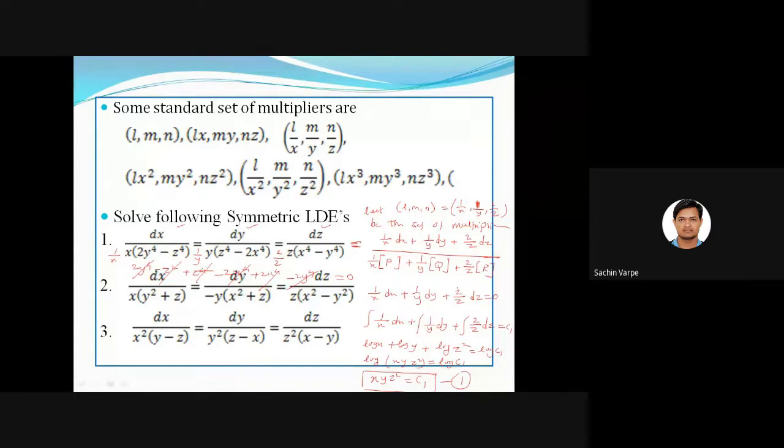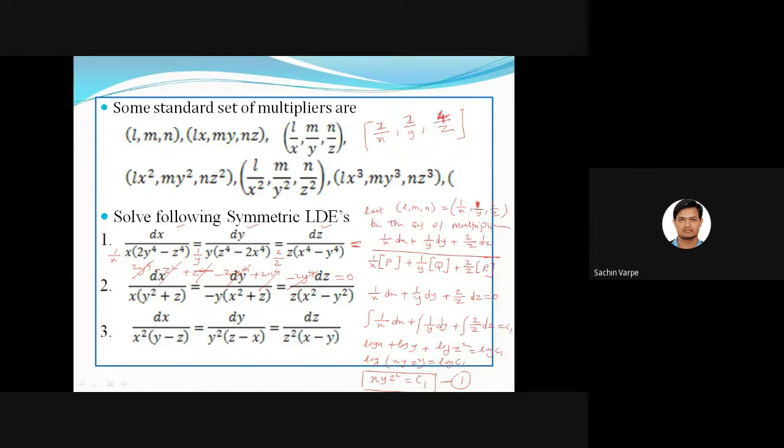Now to get the second solution, we again select a different set of multipliers to get a different solution. See, once we have selected 1 by x, 1 by y, and 2 by z, you cannot select a multiple of these multipliers. You cannot select 2 by x, 2 by y, and 4 by z.